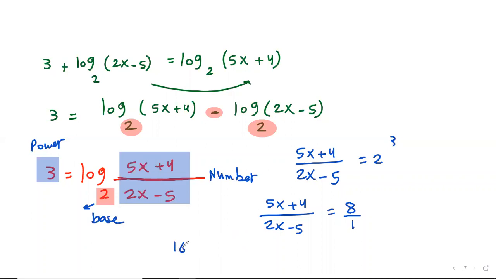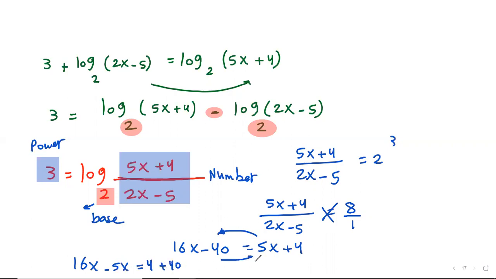It will be 16x minus 40 equals 5x plus 4. What is the next step? Move 5x to the other side. So 16x minus 5x equals 4 plus 40. 16x minus 5x is 11x equals 44, divided by 11 on both sides, so x equals 4.